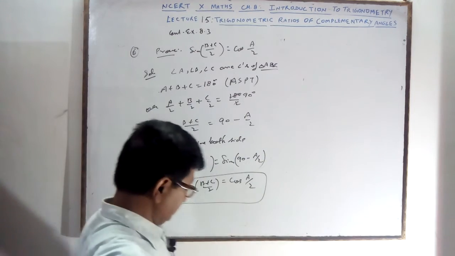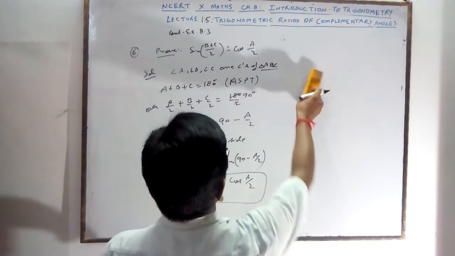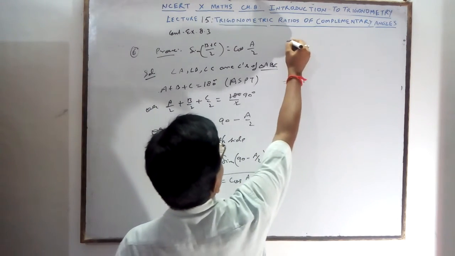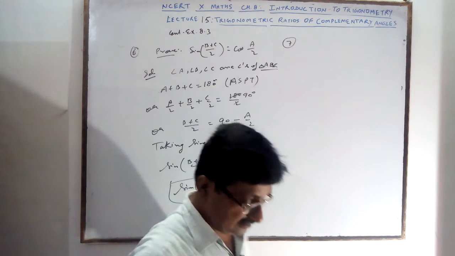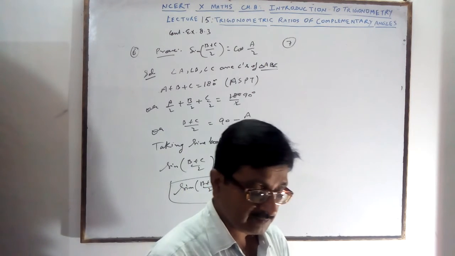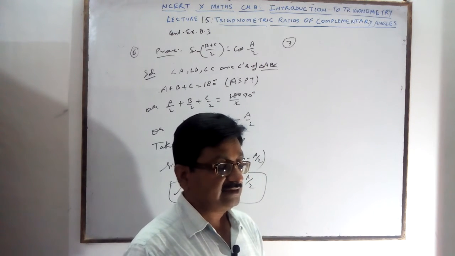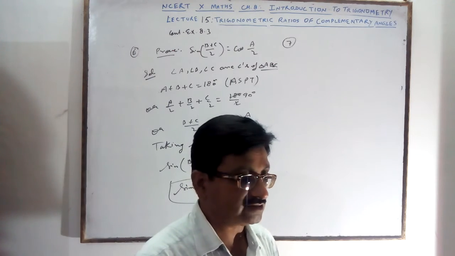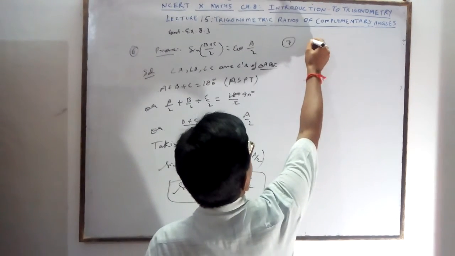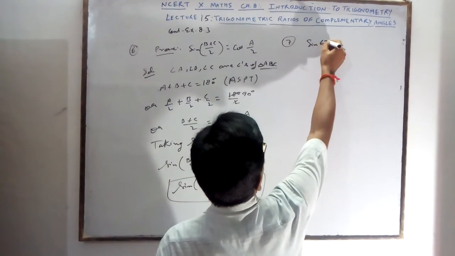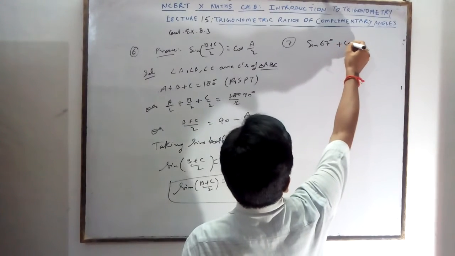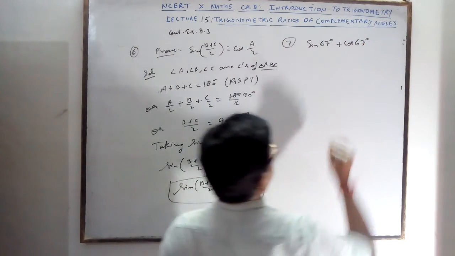Question number 7 is given. What is given in question number 7? Sin 67 degrees plus cos 67 degrees.